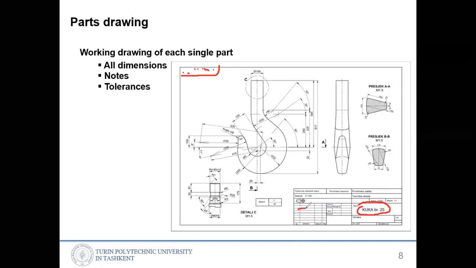So who designed this one, or who produced this drawing, who checked and accepted it, confirmed with a date. Those are the information you will find, along with the scale and material type, and sometimes the weight is also included here.